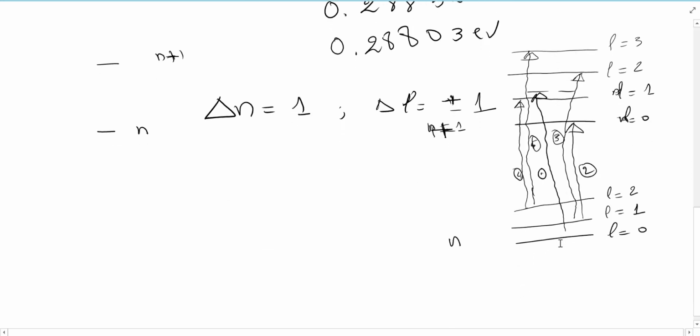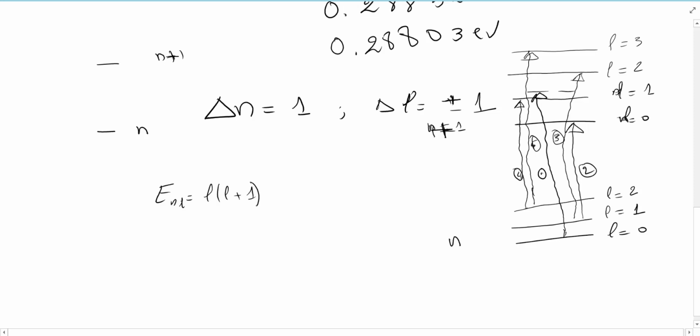Okay, let me read the question again. Which one of these transitions corresponds to a transition from L equals 0? Obviously from the schematic, L equals 0 goes to L equals 1, clearly from that picture. So let's first look at the expression for E_nL that we found last time.